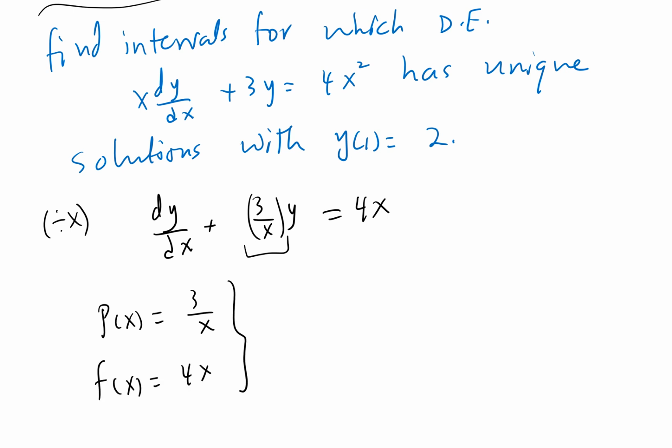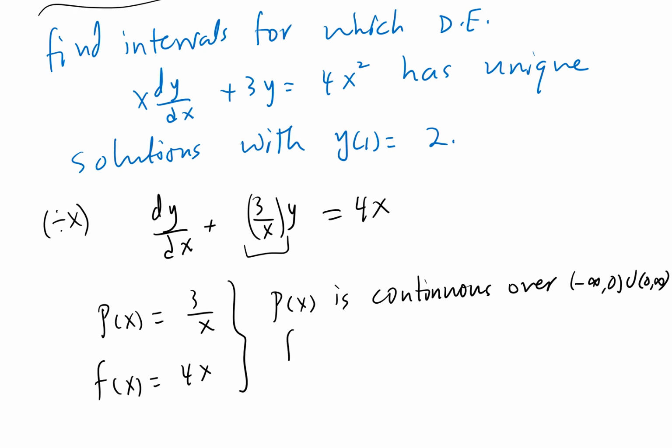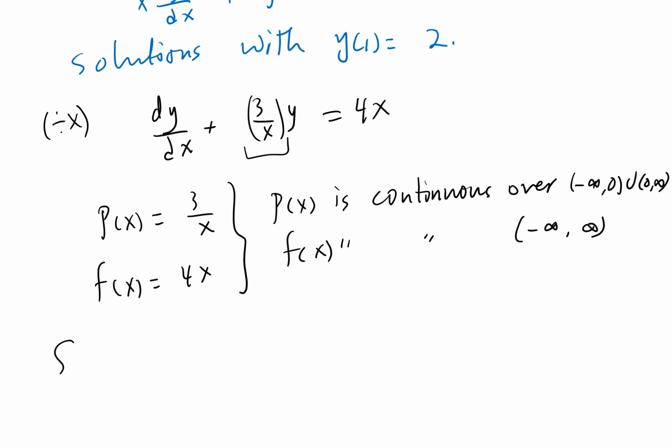Notice p of x is continuous everywhere except at 0, so over the interval negative infinity to 0, union 0 to infinity. And f of x is continuous everywhere, negative infinity to infinity. Therefore, these two functions are continuous over negative infinity to 0, union 0 to infinity, so everywhere except 0.